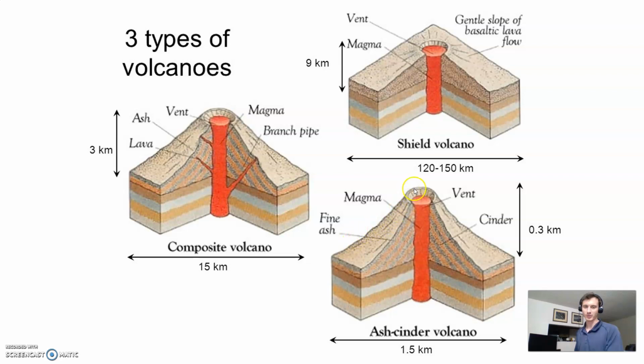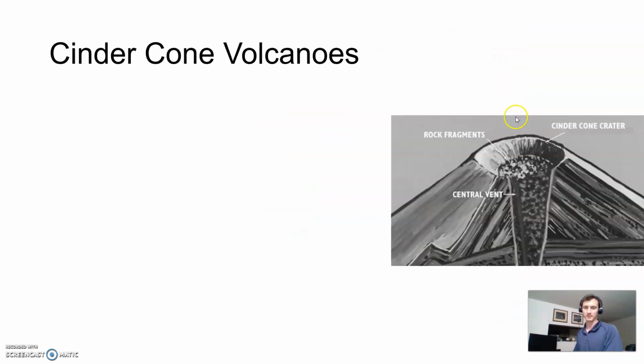Notice that it is kind of a parabola shape going up here, as opposed to the composite volcano, a little bit less steep towards the top here and much wider, much taller. Finally, the shield volcanoes are huge in terms of aerial coverage. They are quite tall, but you wouldn't see, like on a topographic map, something that is quite as steep as you would for these. These tend to have gentle, broad slopes.